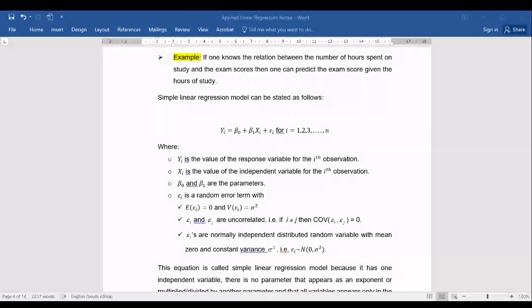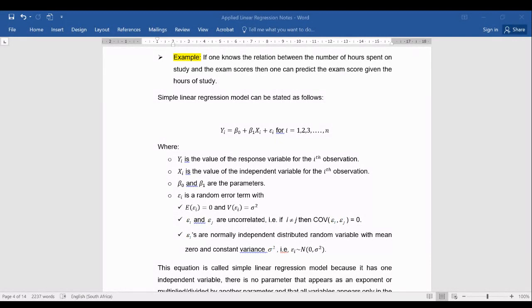And the variance of the error term is constant. So it's sigma squared. As you can see, the sigma there does not have a subscript, which tells us that the variance is constant. So the variance of e1 is the same as the variance of e2 is the same as the variance of e3.